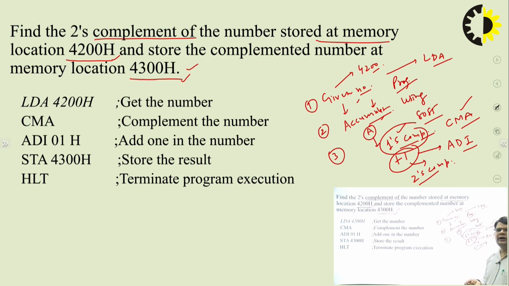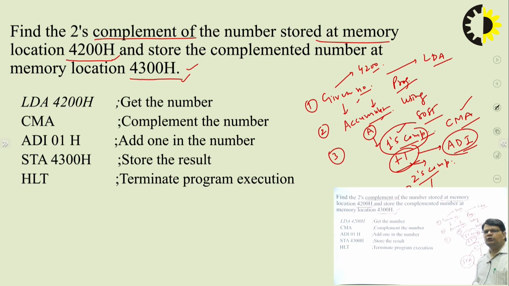Then we have to calculate the 2's complement, which can be simply done by adding 1 immediately to the 1's complement, and then finally we have to store this 2's complement at location 4300H. So we will use the instruction STA, because the 2's complement or result will be available in the accumulator. So the 2's complement from the accumulator is to be stored at this location.